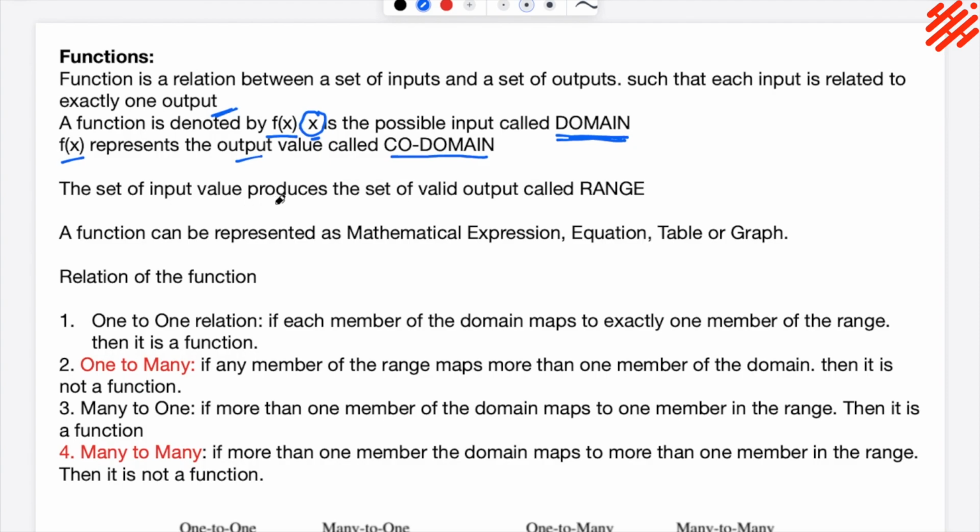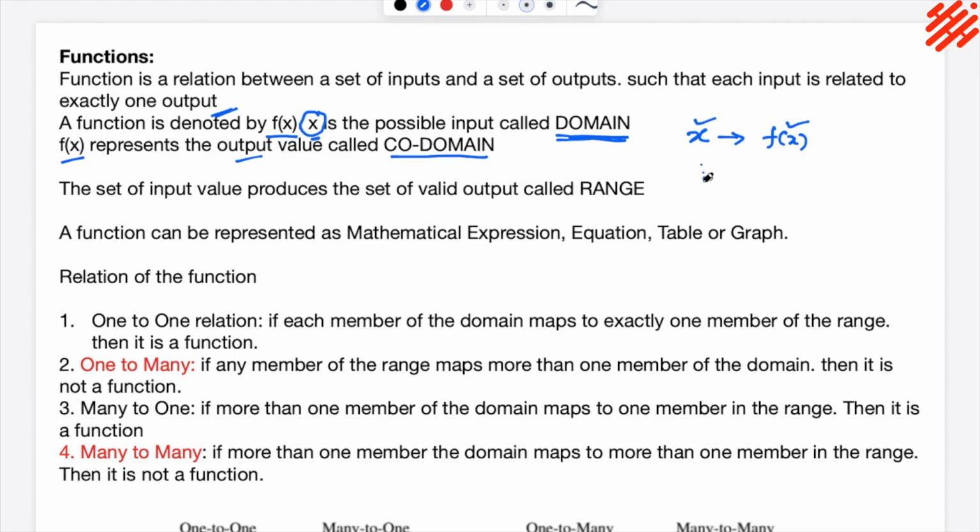A set of input values produces a set of output values called a range. So if a single value of x produces a single value of f of x, this is called a domain and a codomain.